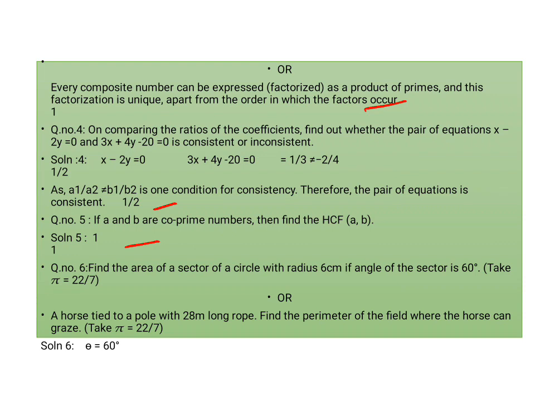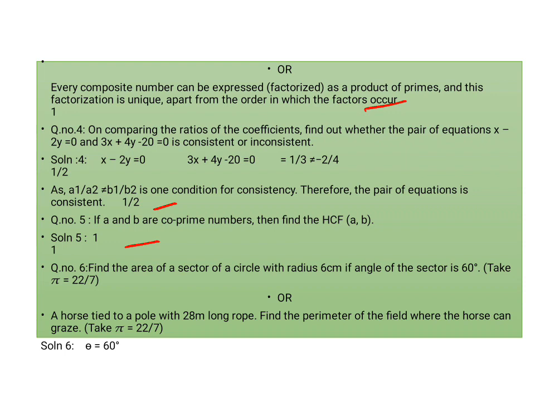First is: find the area of a sector of a circle with radius 60 centimeter if the angle of the sector is 60 degree. Take pi as 22 by 7. Or: a horse is tied to a pole with a 28-meter long rope. Find the perimeter of the field where the horse can graze.